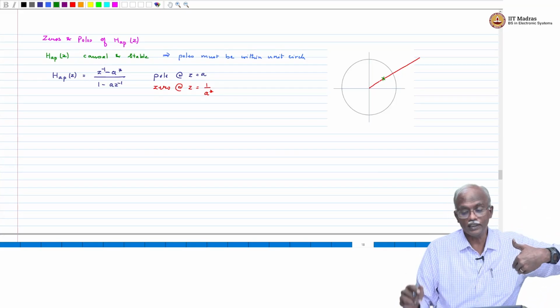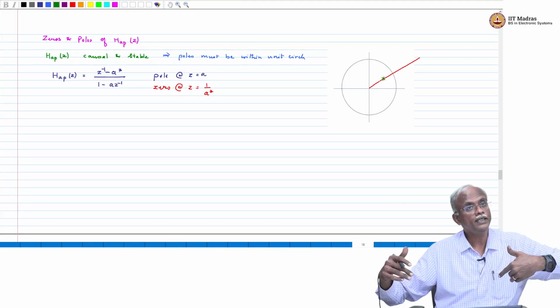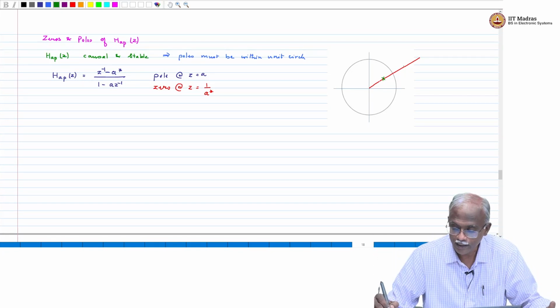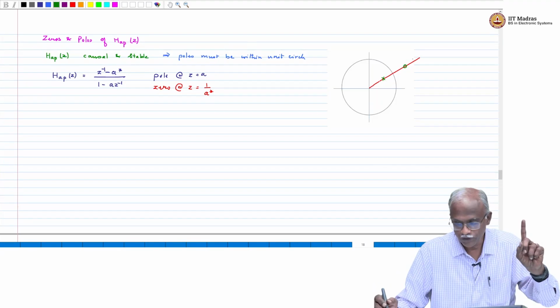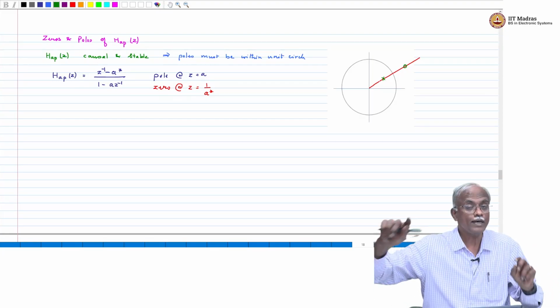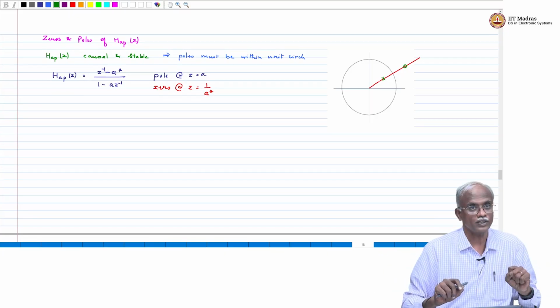It will be the same radius at the negative angle. 1 by A conjugate, where will that be? It will be along the same line at the reciprocal location. This is what is, okay. So first thing to note is that the pole and the 0 are along the same line, they are at reciprocal locations. Okay, first thing to note.